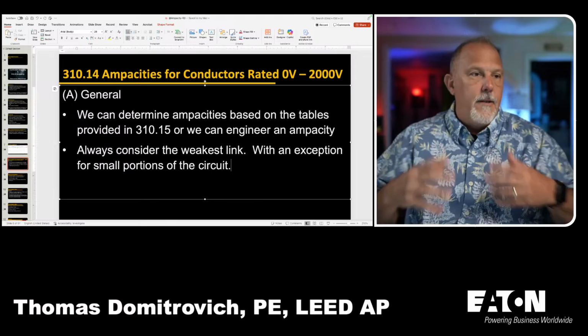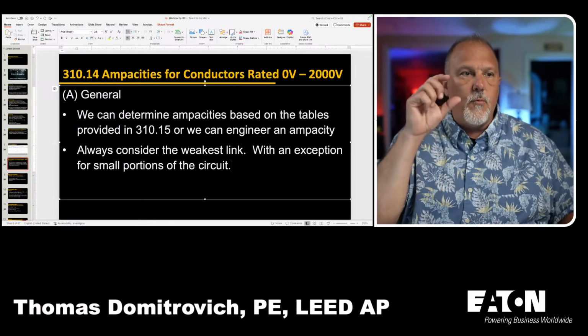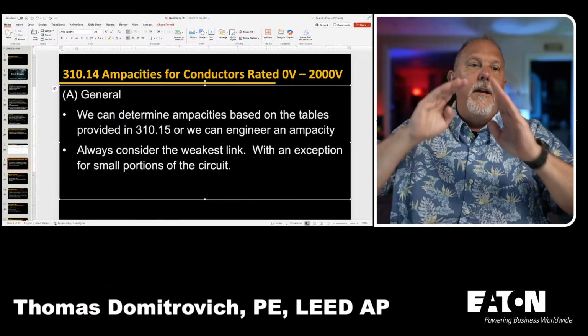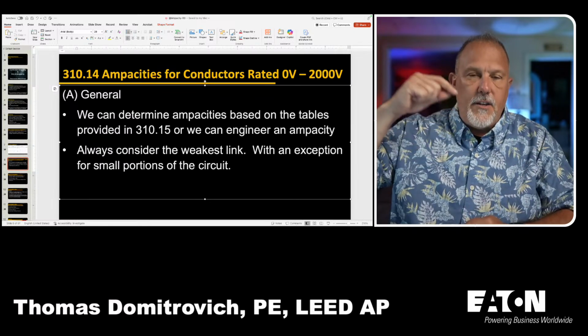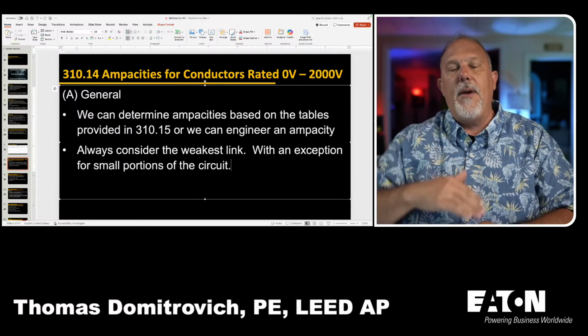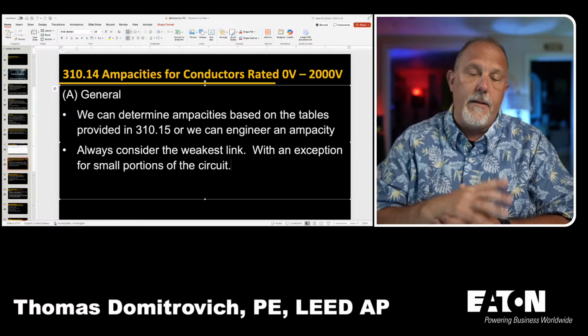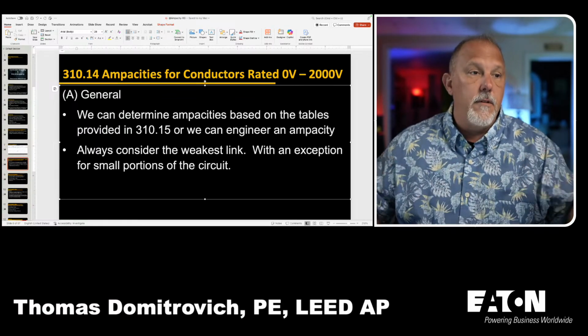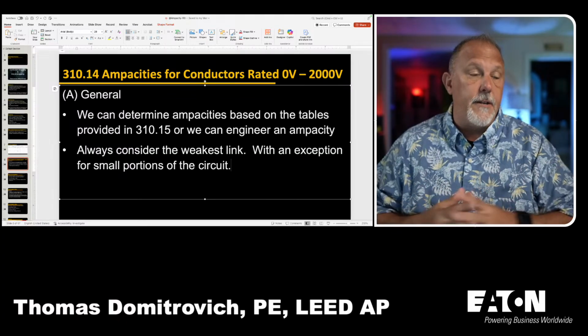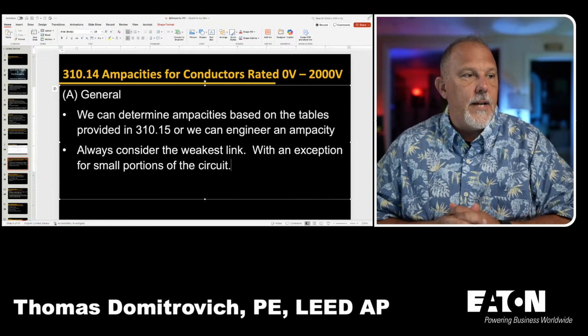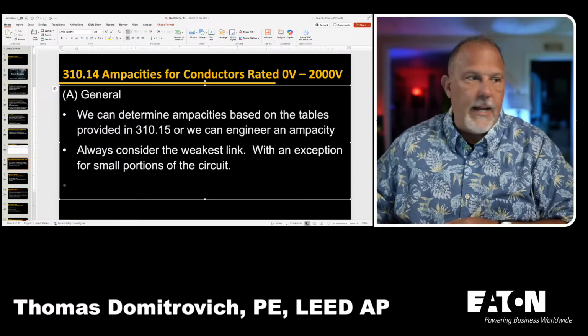Okay, so if I have a very small portion of the circuit where that portion, based upon the conditions of use, has a lower ampacity, I can ignore it if it's small enough. And that basically is assuming that I can absorb the heat that's generated. So that's what A, and then what else does A tell me?